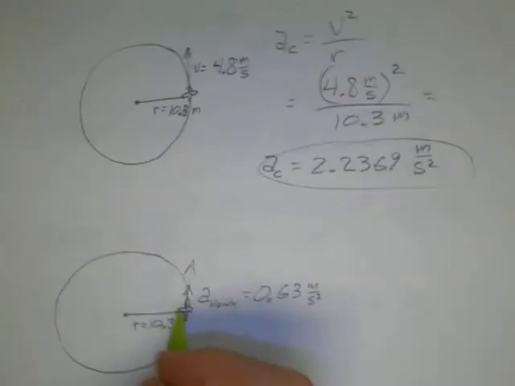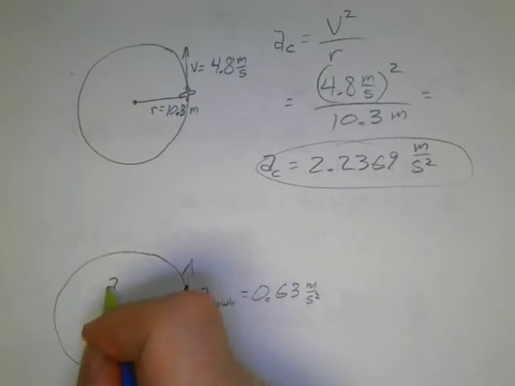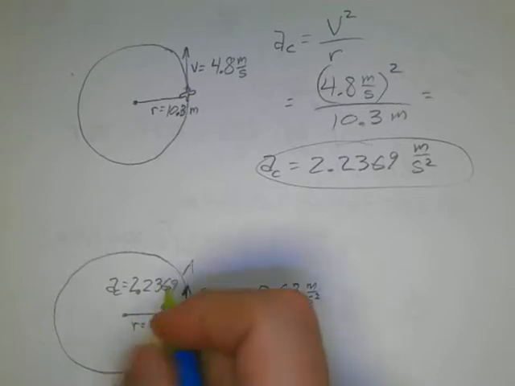The centripetal acceleration points towards the center of the circle. And that's our 2.2369 meters per second squared.